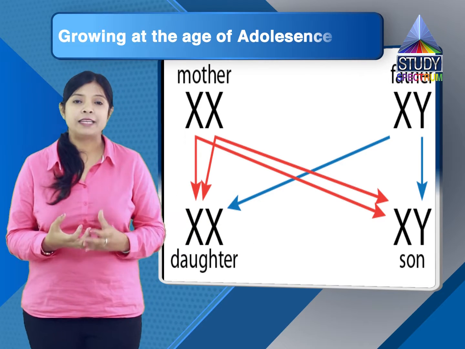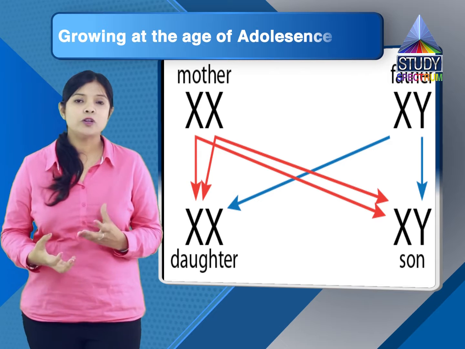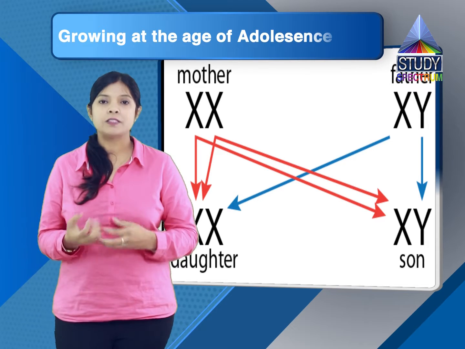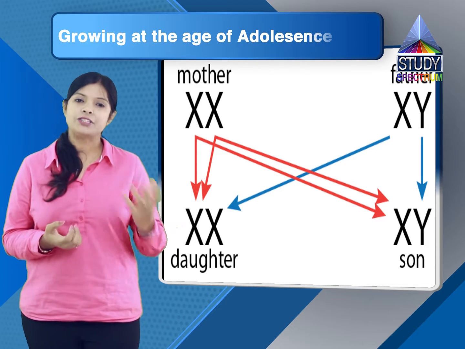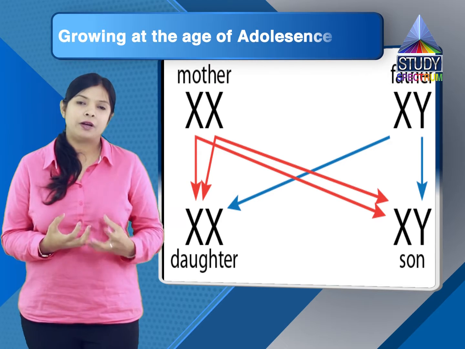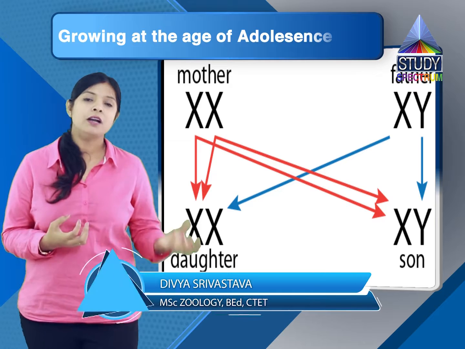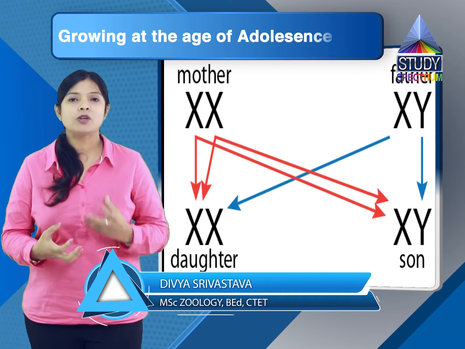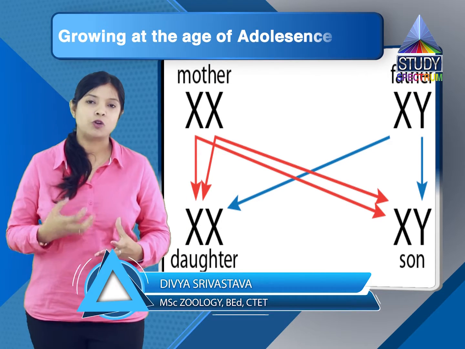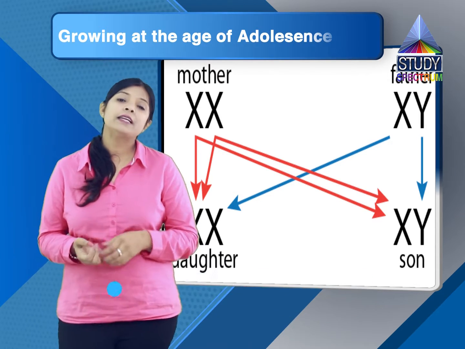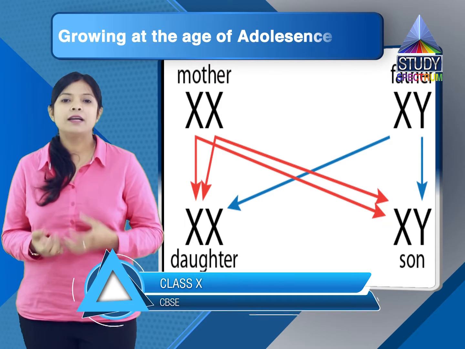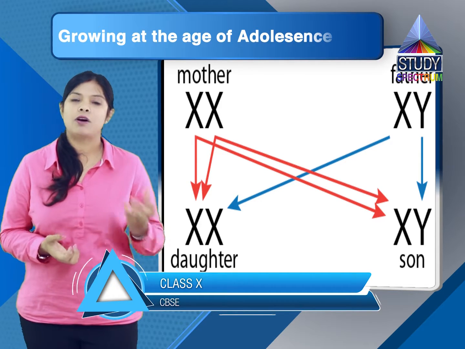So here we have seen that the chromosomes of the male are responsible for the determination of the sex of the child. Whether the resulting baby will be a girl or a boy depends on the sperm or chromosomes of the father. There is a belief that the mother is responsible for the sex of the baby.